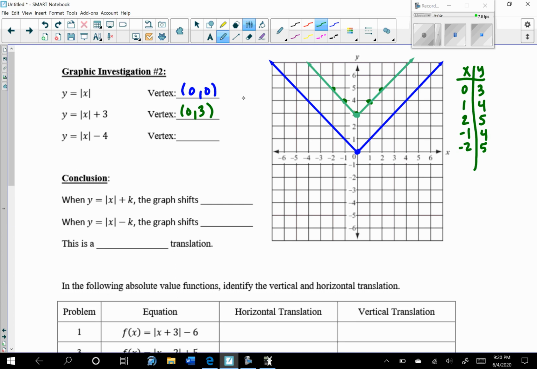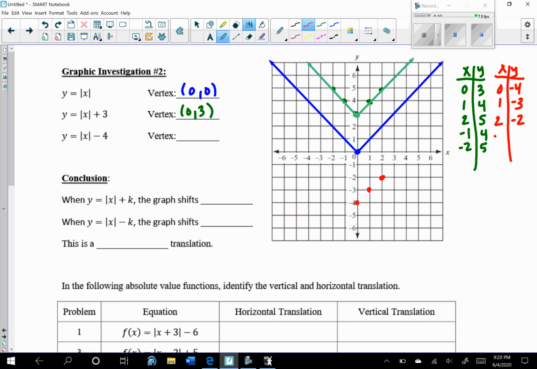And if we do the next one, we can again make another table. So for this one, we'll start with 0. The absolute value of 0 is 0 minus 4, so negative 4. If I do 1, that would give me negative 3. If I do 2, that would give me negative 2.